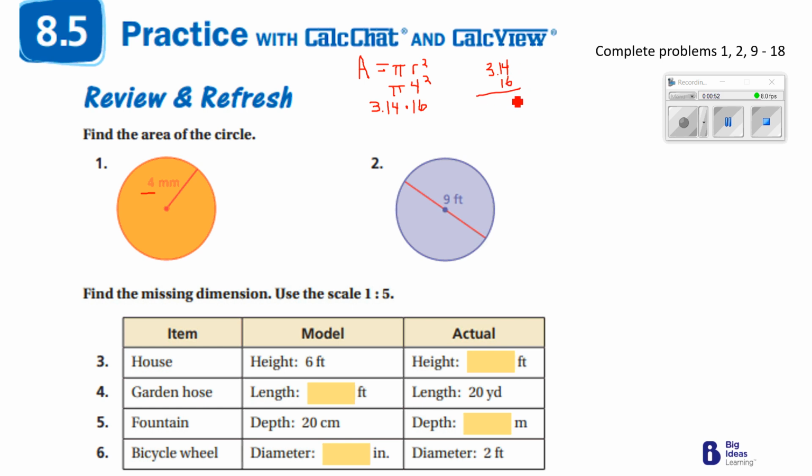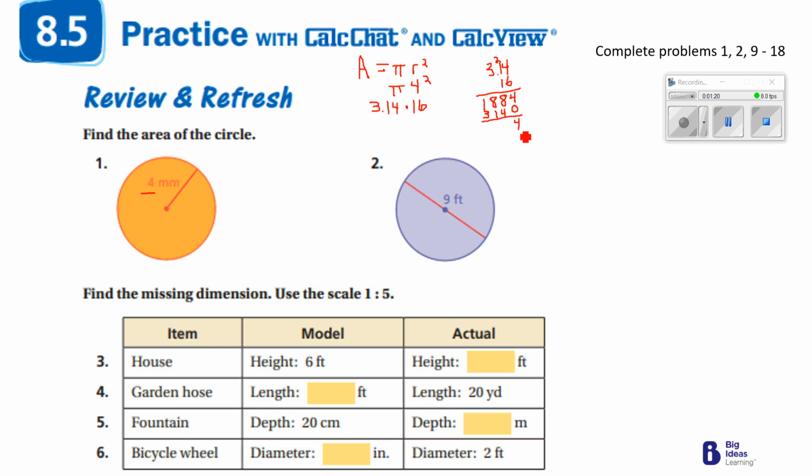well, 4 times 6 is 24. Carry the 2. 1 times 6 is 6, 7, 8. And then 3 times 6 is 18. We're going to put the 0 here, and since this is a 1, this is going to be 314. You know this because 1 times anything is itself.